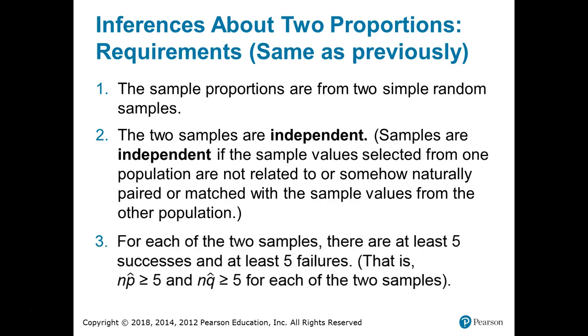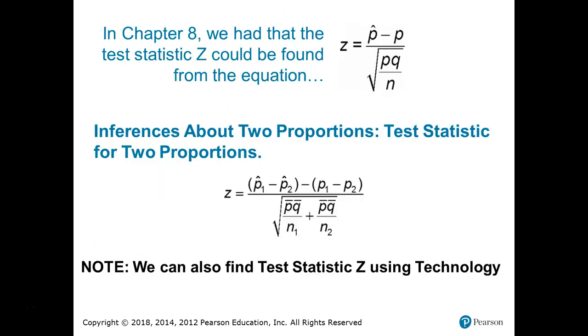So the requirements are the same as previously, only now we're dealing with two. I don't need to read all of them, but quickly, they must be simple random samples, they must be independent, and then you must have at least 5 successes and 5 failures. So in chapter 8, we had the test statistic z found by this equation right here. Now, when we're dealing with two proportions, the z equation becomes this equation right here.